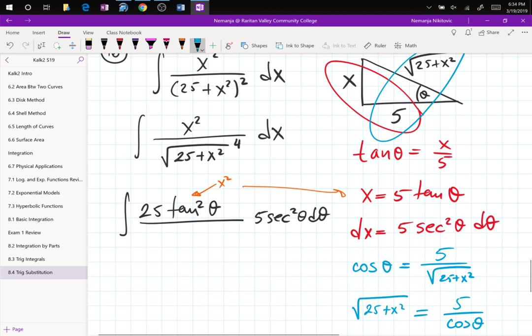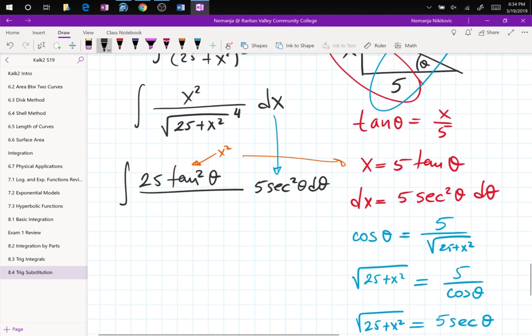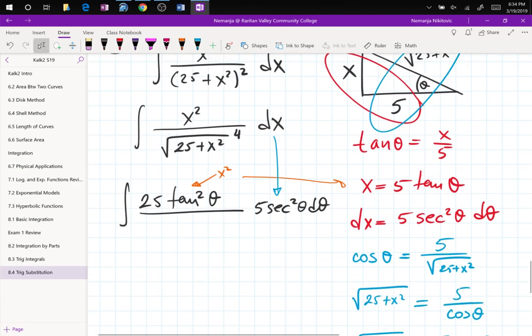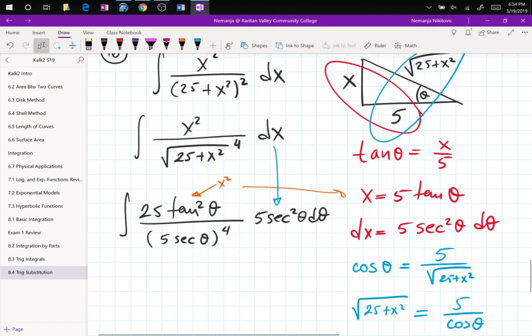Let's color that blue. That's your dx. And finally, you have your square root on the bottom, which is 5 secant theta, raised to the 4th power. Great.